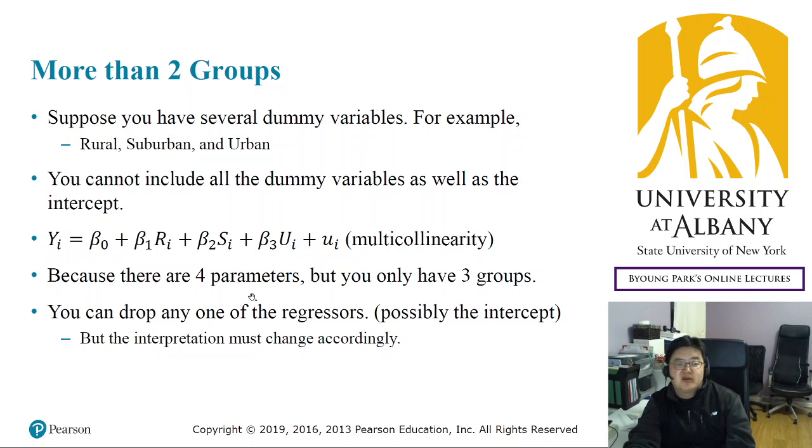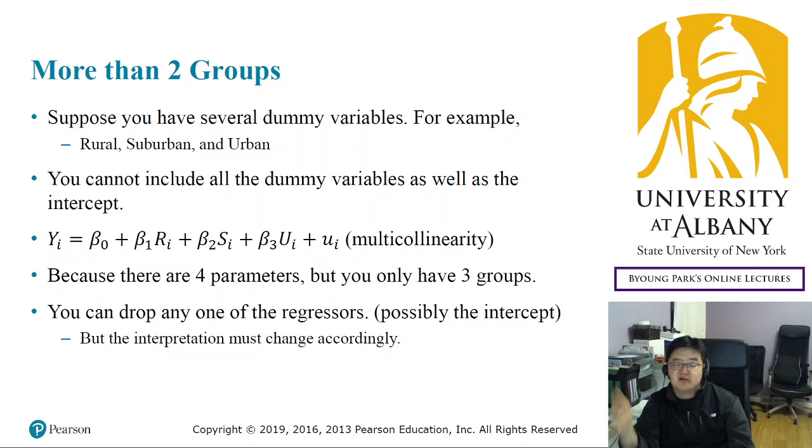That is the simplest way to detect this problem. And as the solution, you have to drop one of them. Any of them, it's up to you again. You may drop the intercept, or you may drop one of the categories, one of the groups.